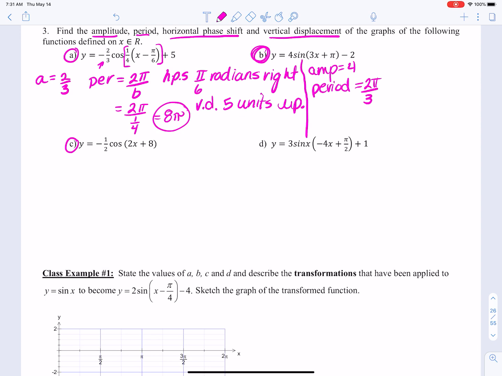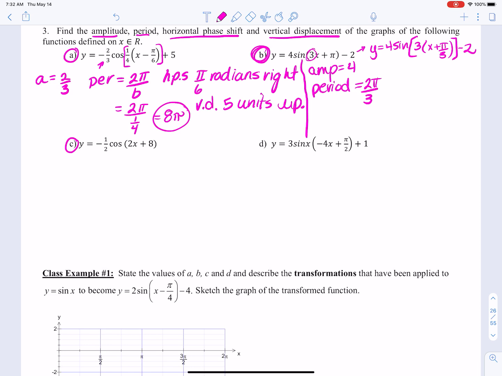Now, I need to rewrite this equation to get the right horizontal phase shift. So I'm going to factor out that 3, because remember that x can't have a coefficient when we are reading horizontal translations. So I rewrote it, factoring out that 3, and this is my resulting equation.